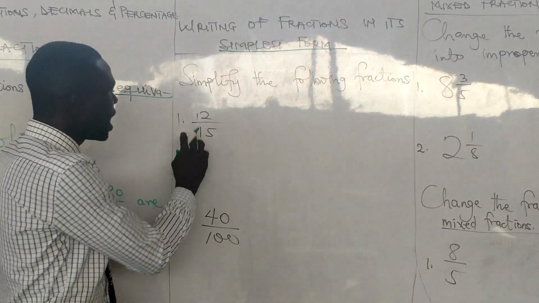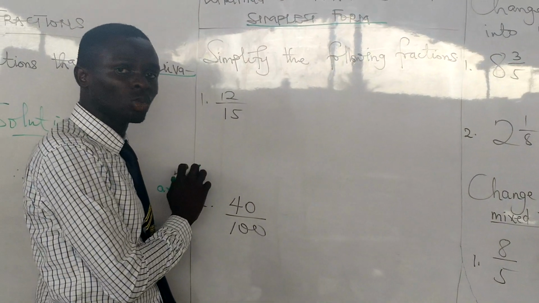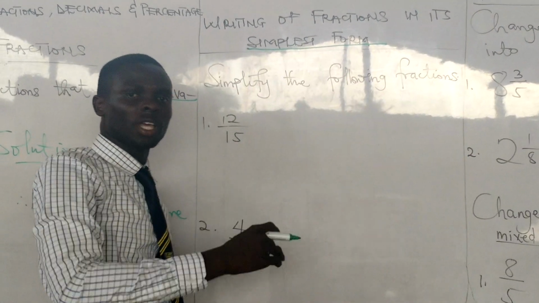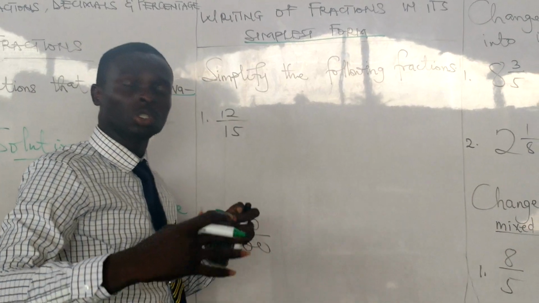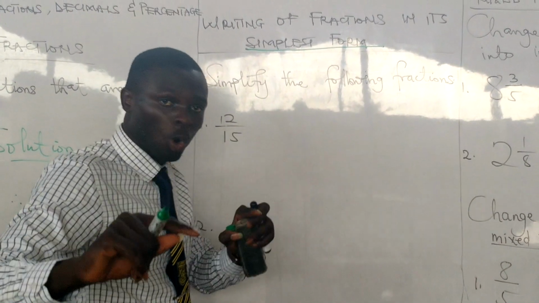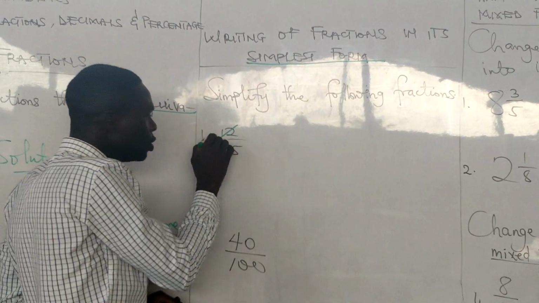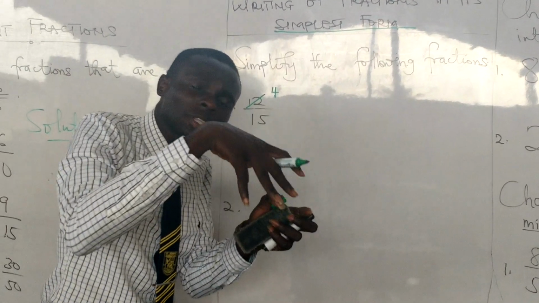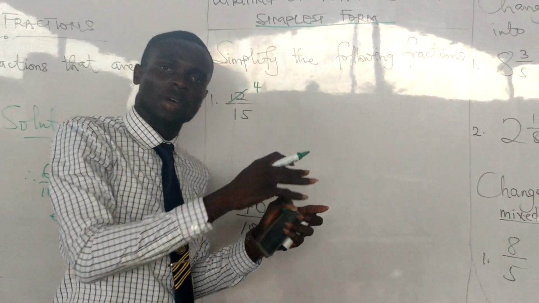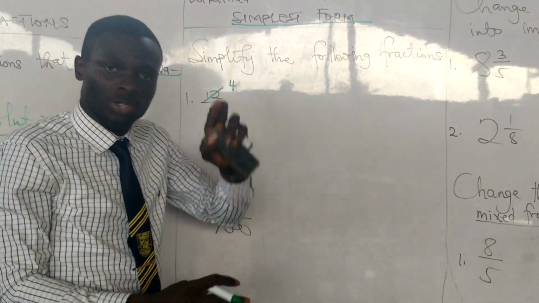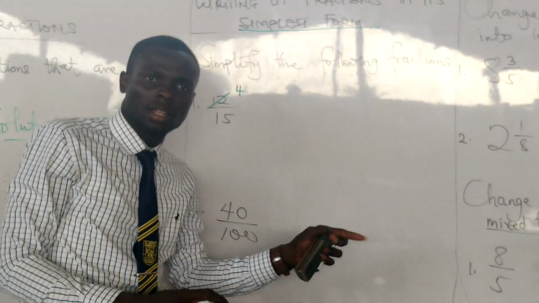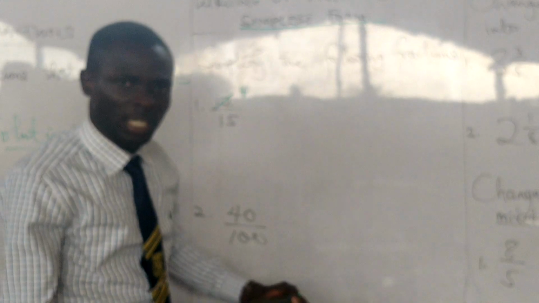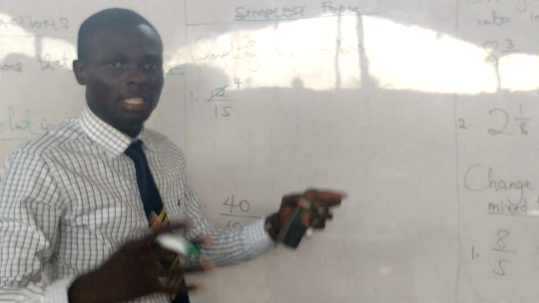So ask yourself, how many times will 3 go into 12? By saying 3 times what will give you 12? If you recite your 3 multiples, you will notice that 3 times 4 is 12. It means 3 will go into 12 4 times. Then this same 3 that we use to divide the 12, how many times will 3 divide the 15? 3 times what will give me 15? 3 times 5 is 15.